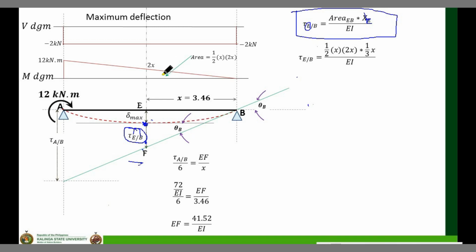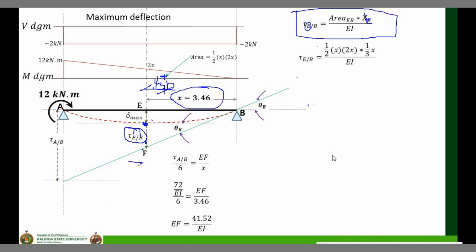Remember, the centroid of the triangle between E and B is here. Again, from your geometry, that distance is equal to 1/3 of the base. And your base here is x, which is equal to 3.46.